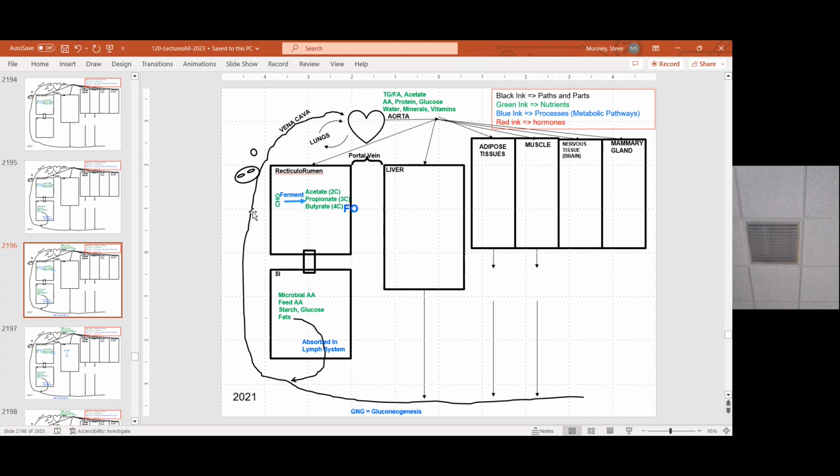So that glucose produced in the liver, you're also going to move around water as a nutrient, minerals, and vitamins. So those are all the nutrients that are going to be distributed by the aorta, and the various tissues are going to pick up.